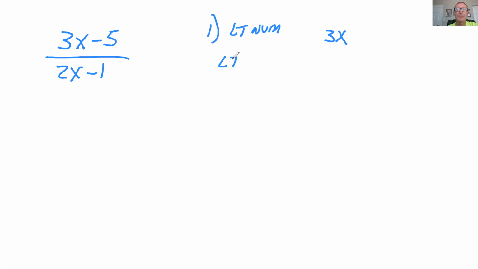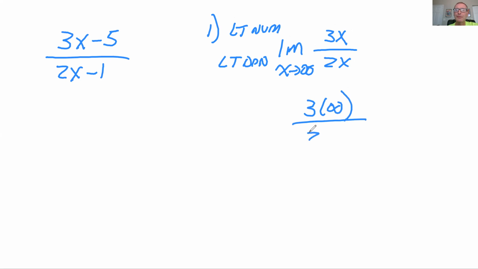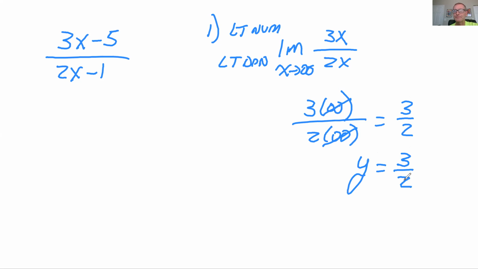And then leading term in the denominator, that would be 2x. And the limit as x goes to infinity would be 3 times infinity over 2 times infinity. The infinities cancel. You get 3 halves. So again, as a horizontal asymptote, it would be y equals 3 over 2.